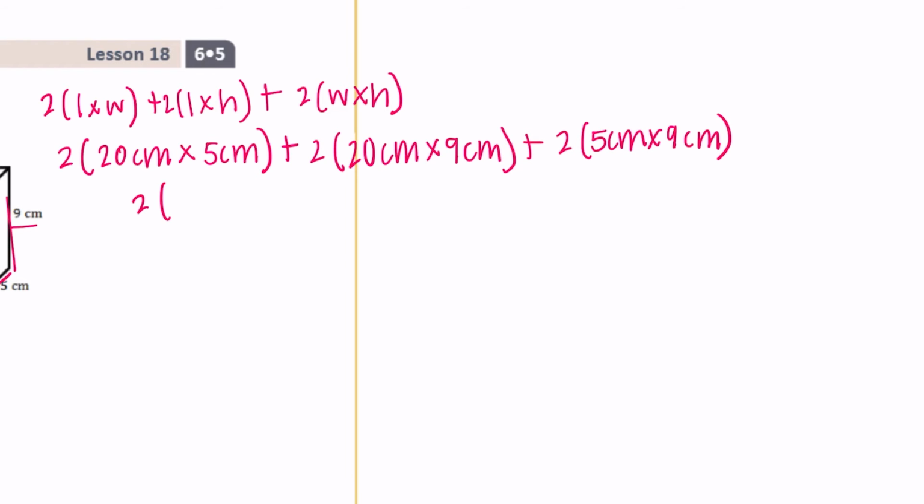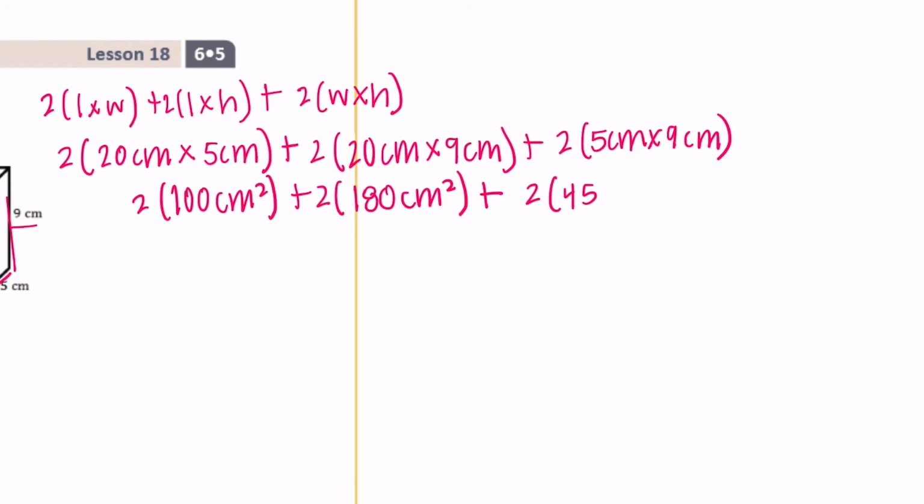So we have 2 times 20 times 5 is 100 centimeters squared, plus two groups of 20 times 9, 2 times 9 is 18, so that'd be 180 centimeters squared, plus two groups of 5 times 9 is 45 centimeters squared.